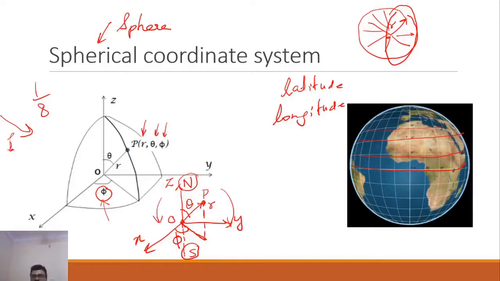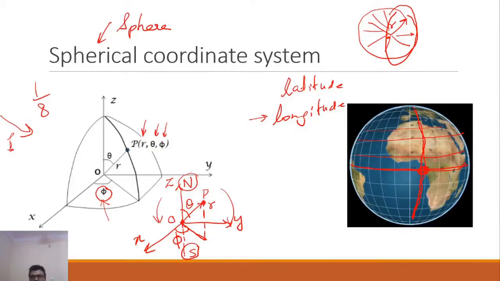But to exactly locate a point, we need longitude as well, and the longitude runs from the North Pole to the South Pole. So let's say we are considering this equator and this longitude. The intersection of this equator and the longitude will locate any point on the globe.